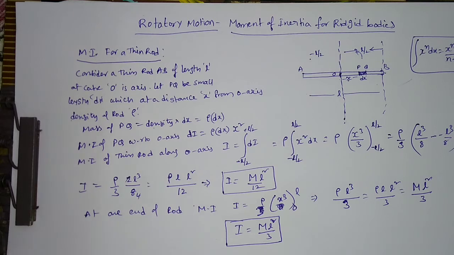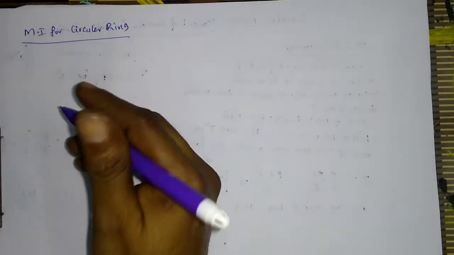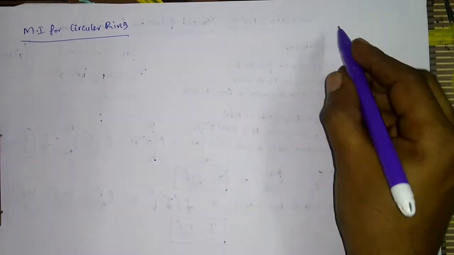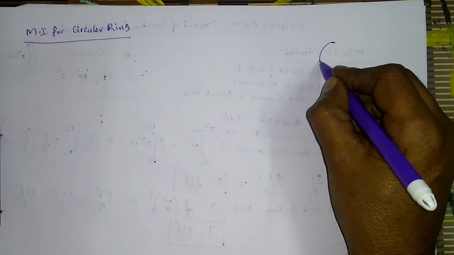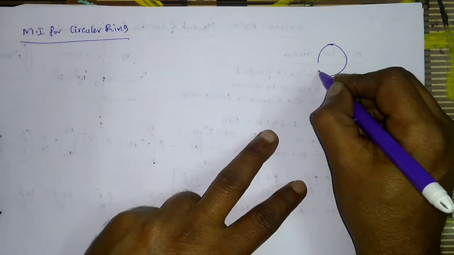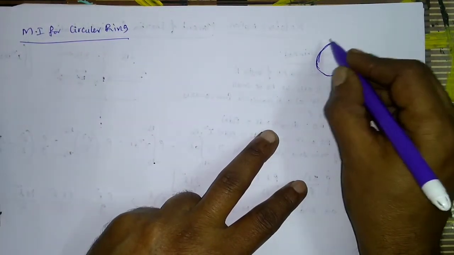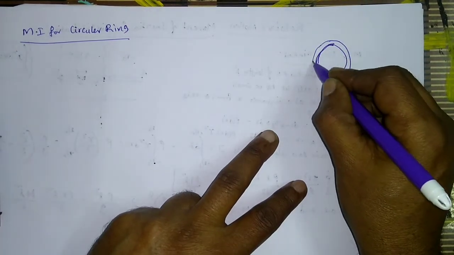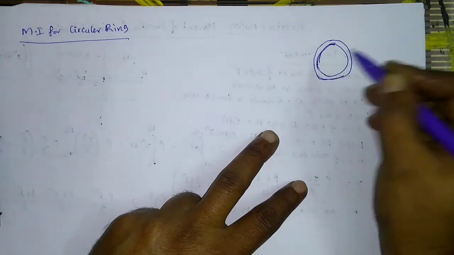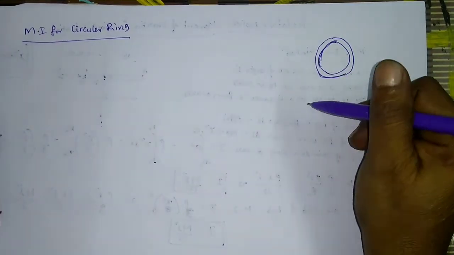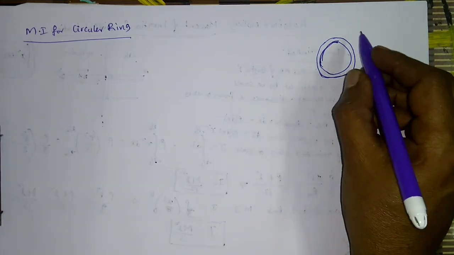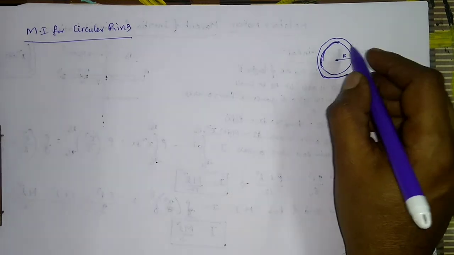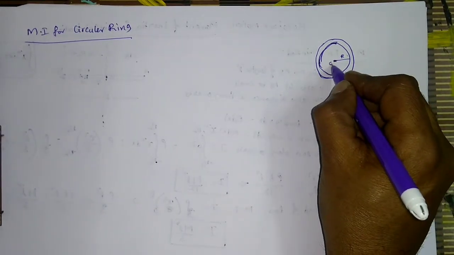Next will be the circular ring. Now for the moment of inertia for the circular ring, here I am considering the circular ring, or you can use circular ring or bangle also. The ring looks like this. So this is the ring. The radius is r, and O is the center point.